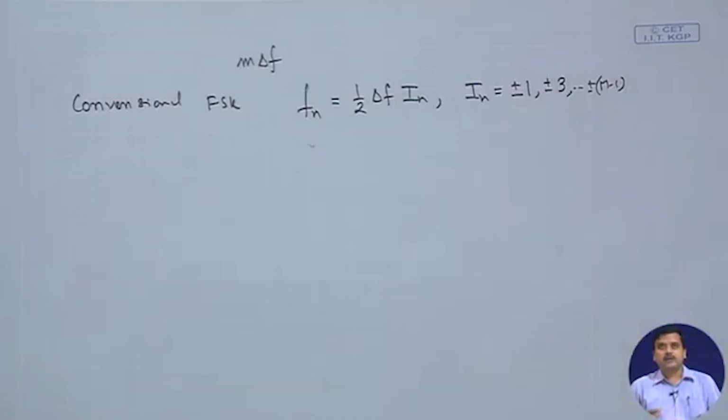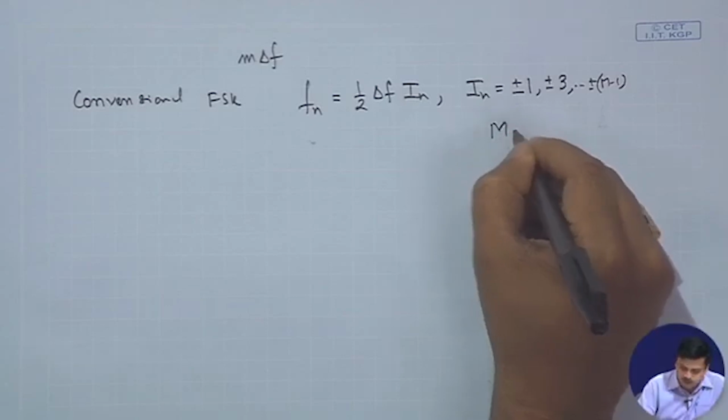Depending upon the value of I_n, you would jump from one frequency to another, and that jump would remain for the symbol duration T, and this causes a lot of spectral regrowth, which is not very desirable.